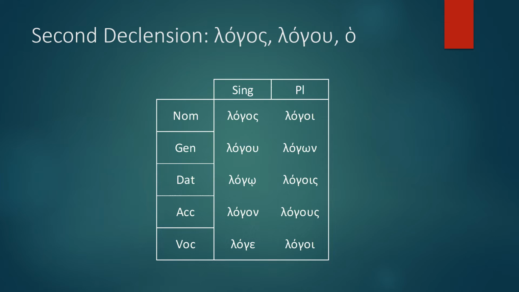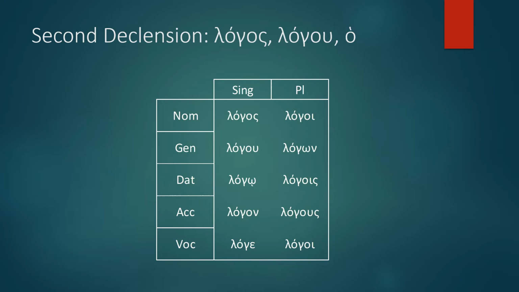The endings are just like the first and second declension adjective endings. I'll just go through them real quick. Logos, logou, logo, logon, loge, logoi, logon, logois, logous, logoi. And notice how here we don't have the genitive plural be a perispomenon because this is not the first declension.